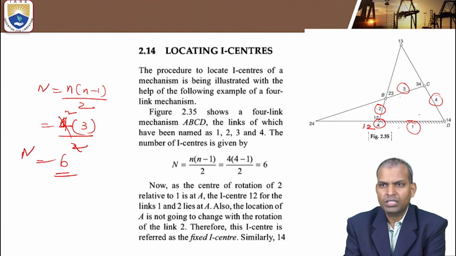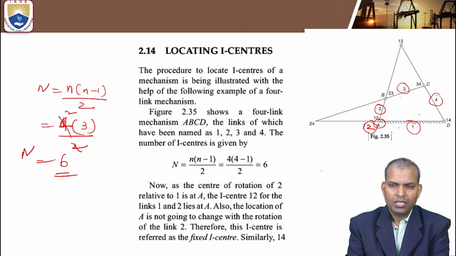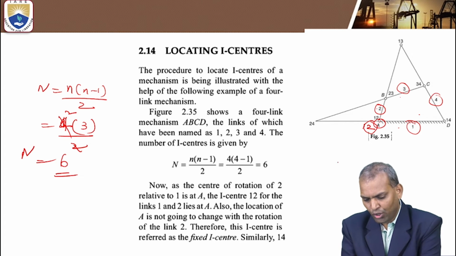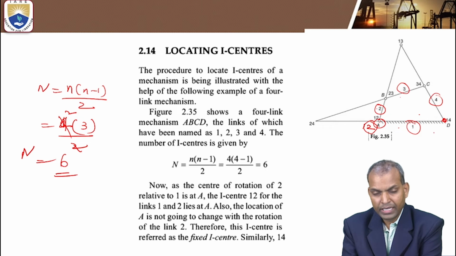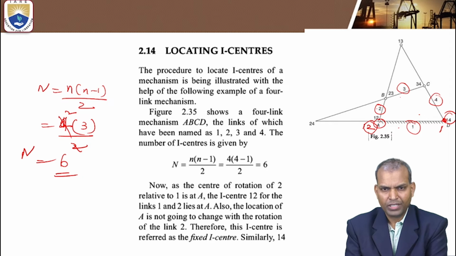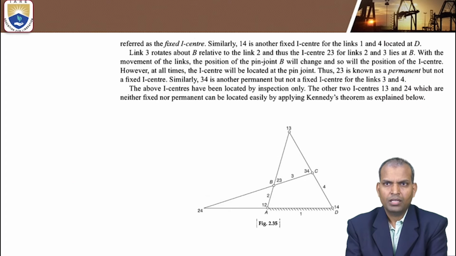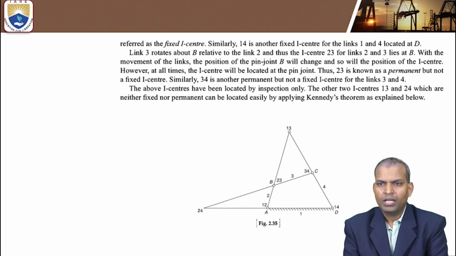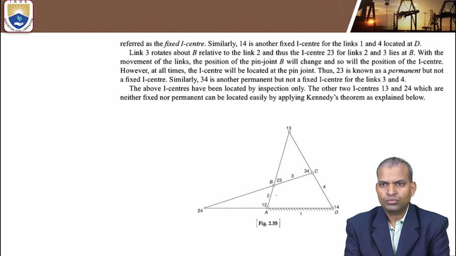This 1, 2 is a fixed instantaneous center. Similarly, link 4 is rotating with respect to link 1. This is 1, 4. This 1, 4 is also referred to as a fixed instantaneous center.